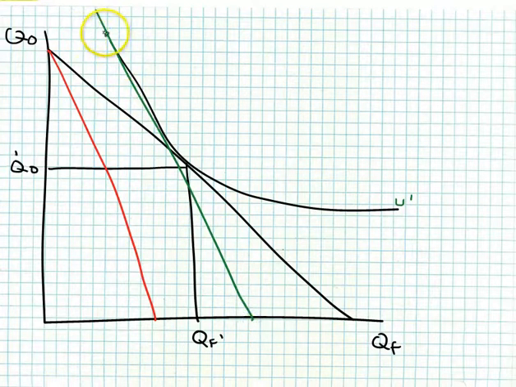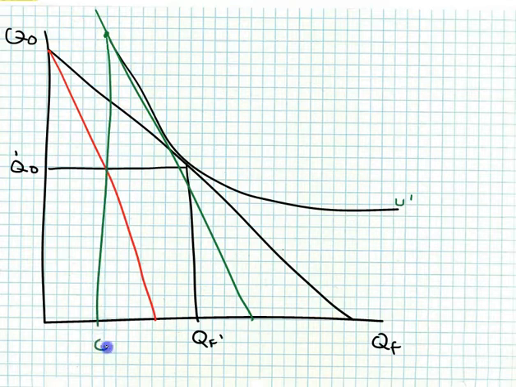And we see the point here. Now this QF star represents the substitution effect.